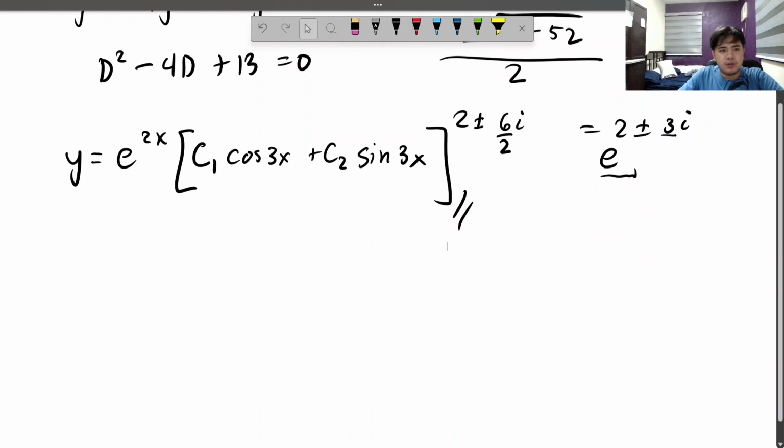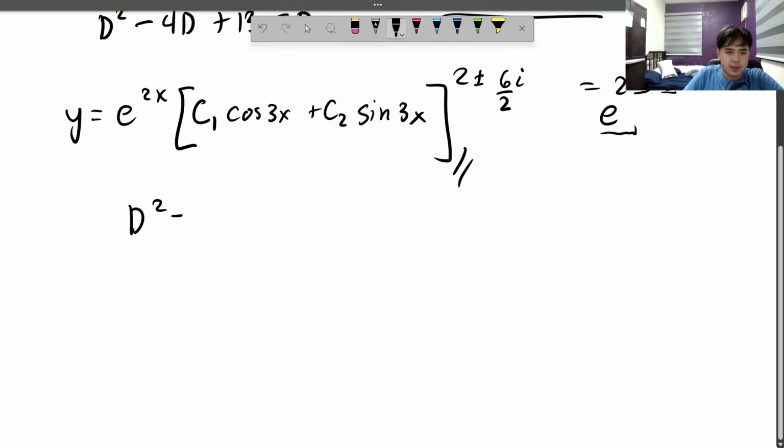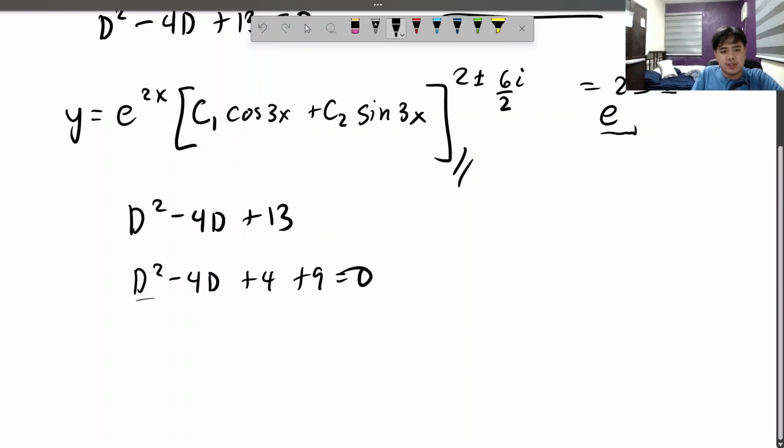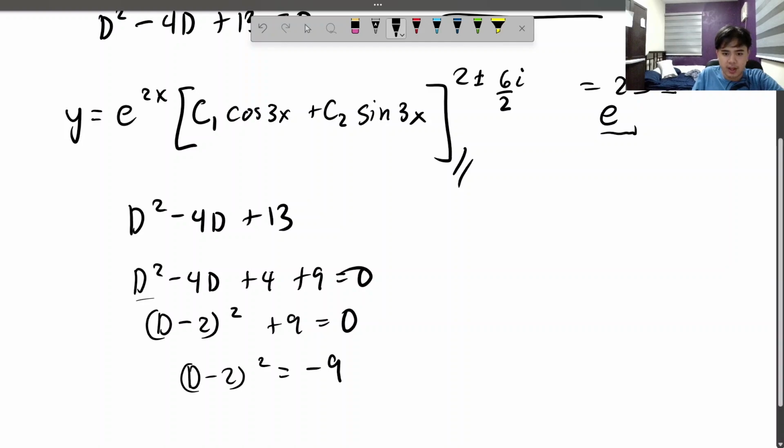So another way to solve this is to recognize that this is d squared minus 4d plus 4 plus 9. So what happens is this becomes d minus 2 quantity squared plus 9 equals 0. This goes to the other side. So d minus 2 quantity squared equals negative 9.